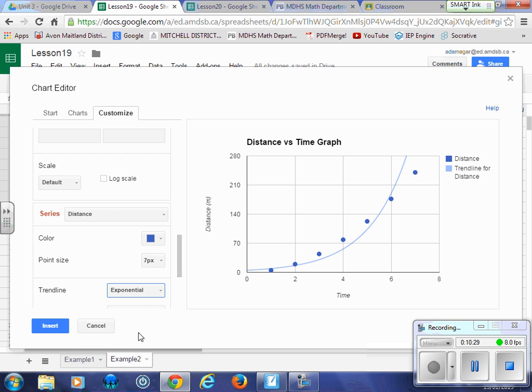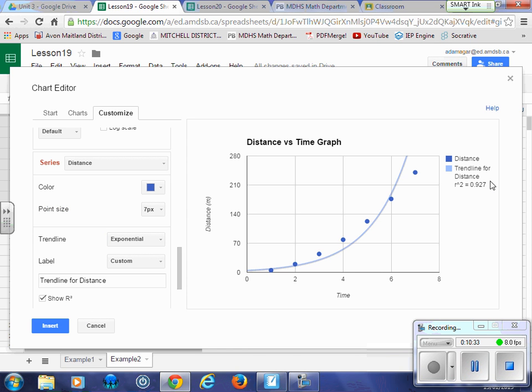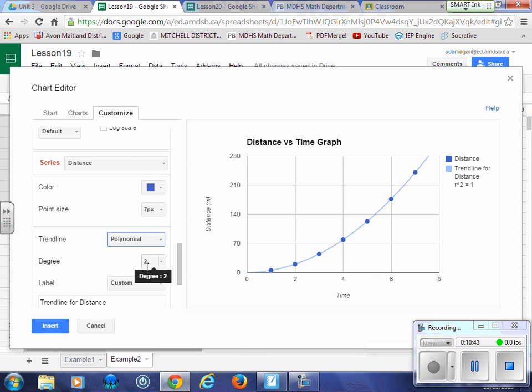Now I look at my exponential, and I'm going to put that R value on. 92% or 0.927. It's not bad, but it seems to be a little more steep or extreme. So I'm going to go to polynomial, and we'll start at degree 2, and that's bang on, that's 1. You can try some of the other ones, but you might as well stick with the lowest degree. Okay, so there's your polynomial.